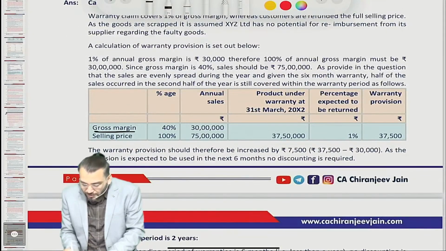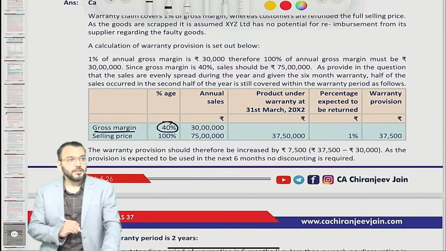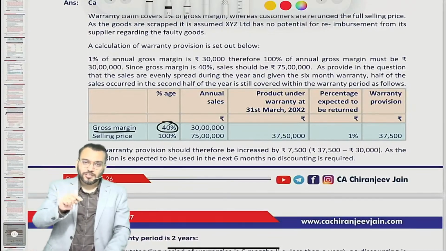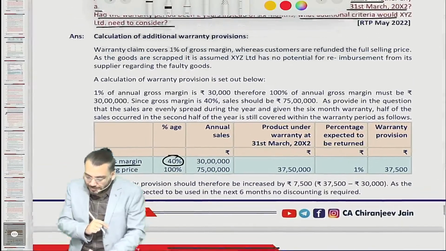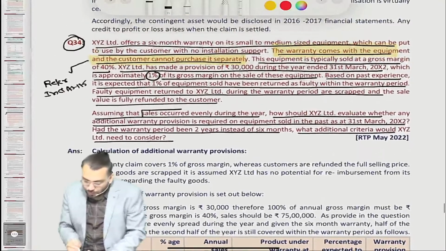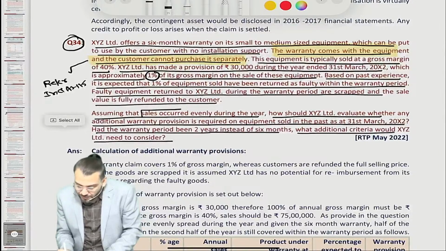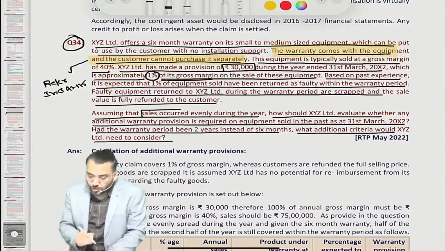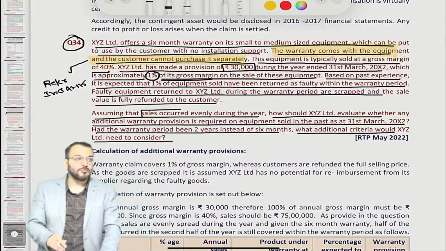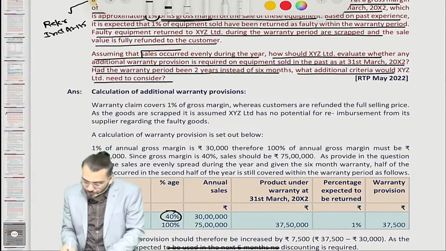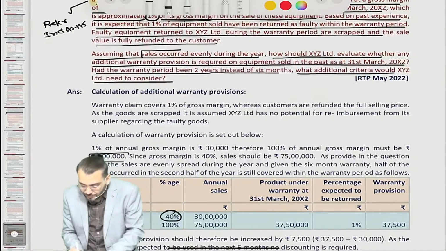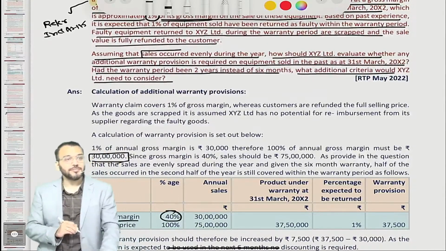They said gross margin is 40%. And the provision is 30,000, which is 1% of gross margin. So what is the gross margin?